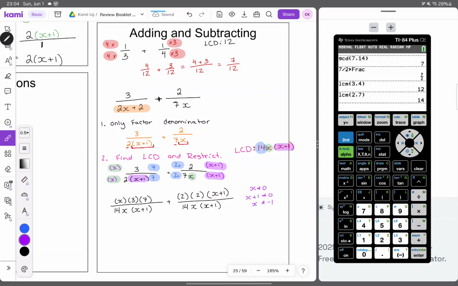Now leave the denominator alone. Focus only on the numerator. So we are going to expand the numerator. And we're going to leave the denominator.